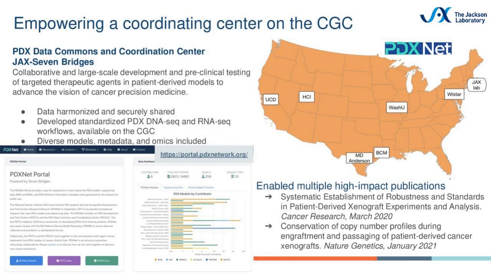So we were awarded this grant with Jackson Labs, and PDXNet is a large consortium for development and preclinical testing of targeted therapeutics in patient-derived xenografts, which are mouse models, to advance cancer precision medicine. So you can see there are several centers across the country who are working on patient-derived xenograft models, and all the data is stored and hosted in the CGC.